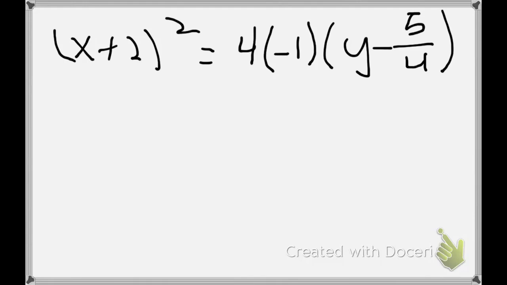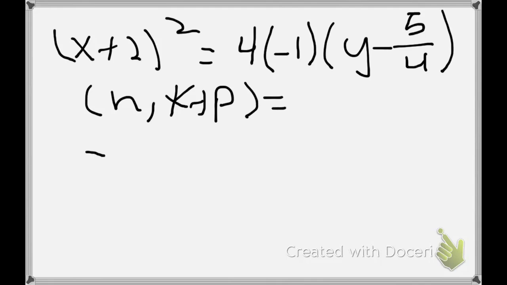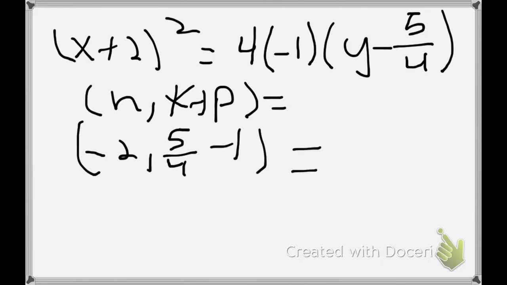Therefore, the focus, which is at (h, k plus p), would be equal to (negative 2, 5/4 minus 1), which would also be equal to (negative 2, 1/4).